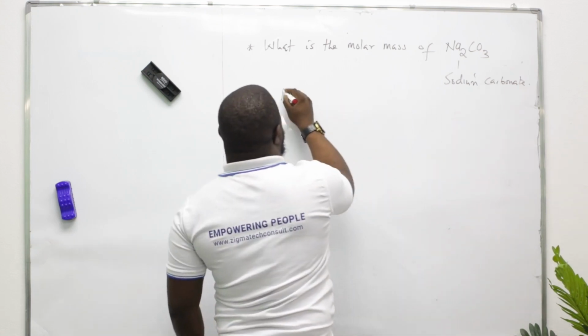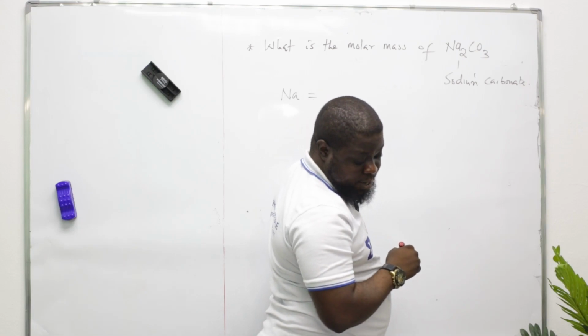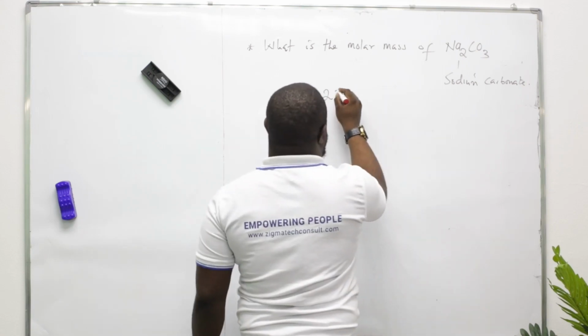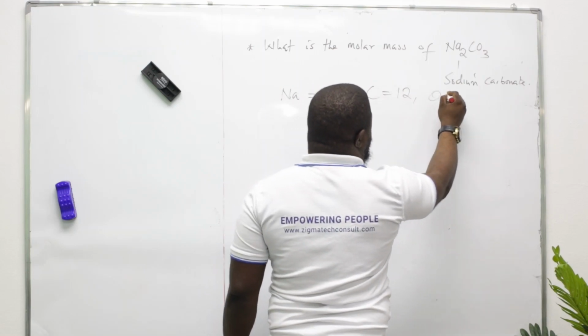And they gave you Na as 23, C as 12, and O as 16.